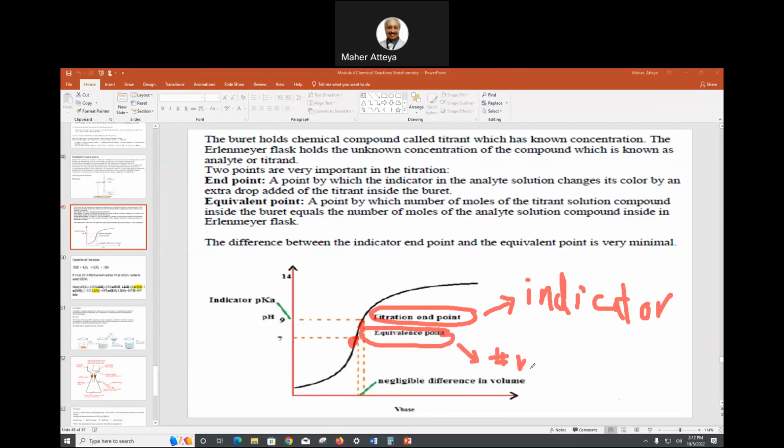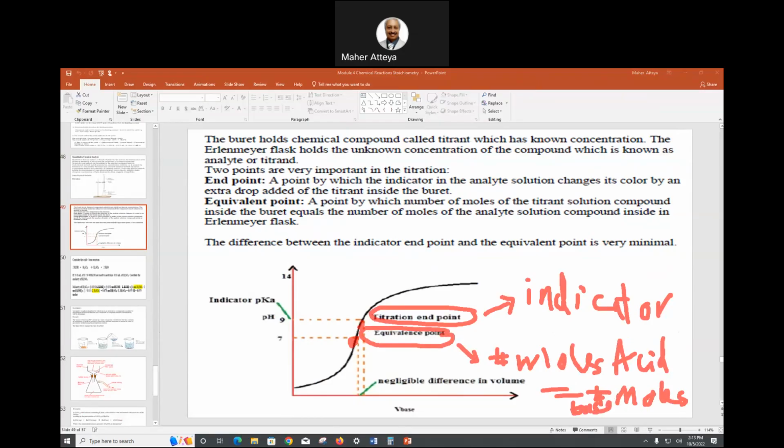The number of moles of acid equals the number of moles of base. Okay, guys. So this is the difference here.